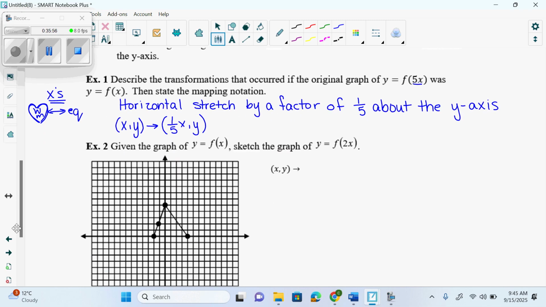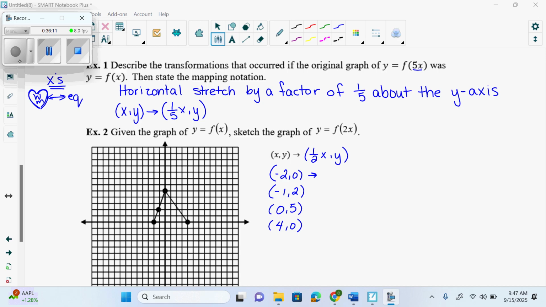Try example 2. What's the 2 going to become? 1/2. So this graph's actually narrowing. Not widening. Narrowing. It's halving. So we're going to go half of -2, comma 0 becomes -1, 0, which is halving. Makes sense.